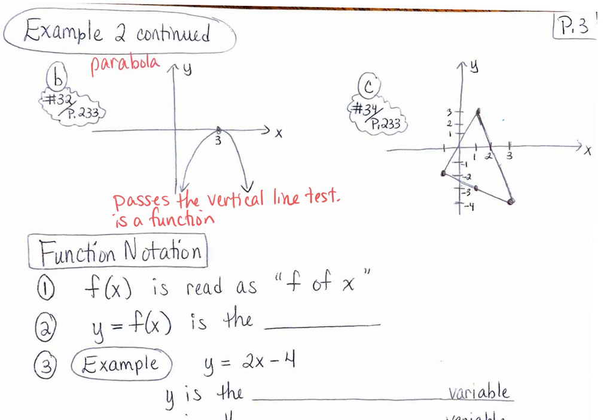So the question was, if the parabola faces up instead of down, is it still a function? Absolutely, because it still passes the vertical line test. So if you take a vertical line and move it to the right or the left, then it still passes the vertical line test. So yes, it is a function.